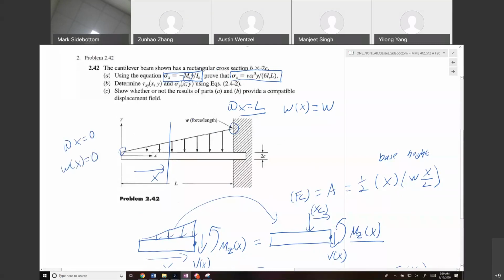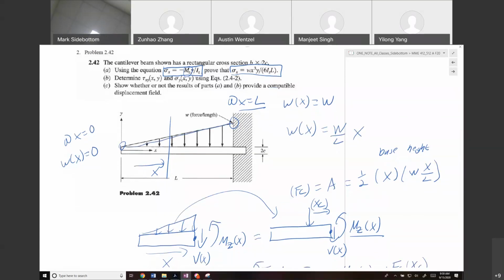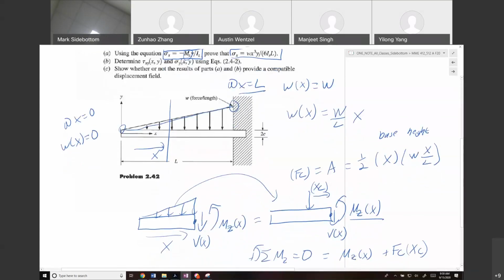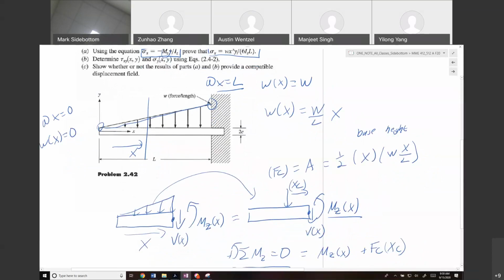So to get W of x along the whole beam, we assume it's a line, and then the slope of that line would be W over L, times x. At x equal to L we would get W, and at x equal to 0 we would just get 0. So that's where we get this equation here. So our concentrated force ends up being W x squared over 2L.